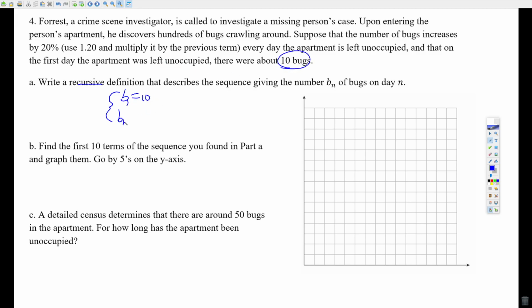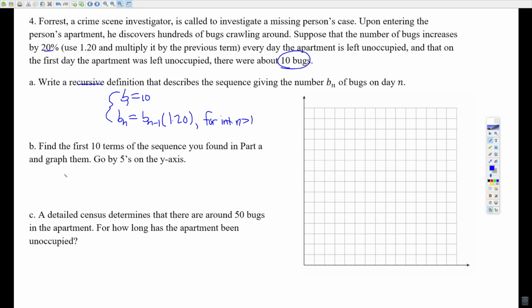And then from there, to get the next term, we would take our previous term, so b sub n equals b sub n minus 1, and we're going to multiply that by 1.2 to show it increasing by 20%. And again, we'll write for integers n greater than 1. You're going to find the first 10 terms of the sequence you found in part A and graph them.